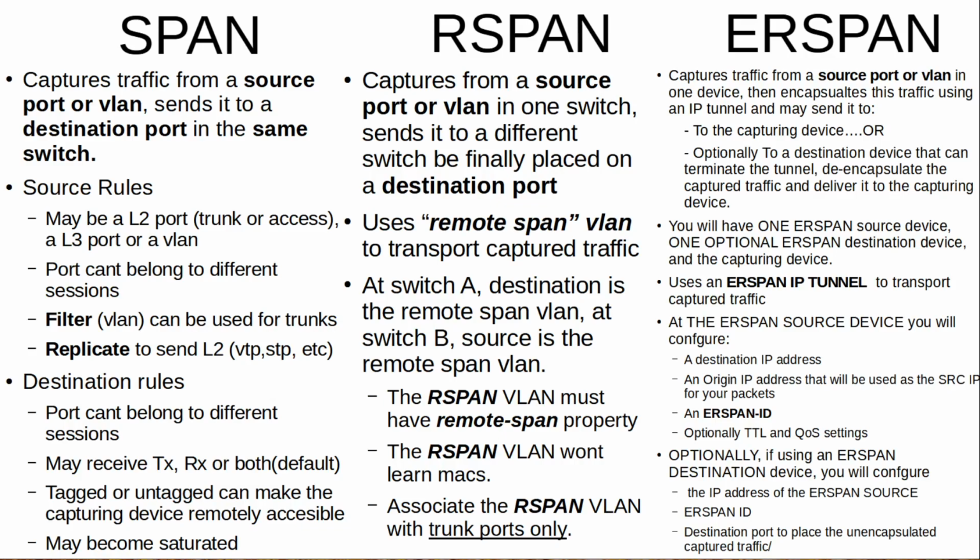If you want to make your capturing device remotely accessible, you will have to assign it a VLAN. If this is a normal device, you will most probably assign it an untagged VLAN, but if it is a server that is connecting using a trunk to your switch, you might want to use the tagged VLAN assignment.